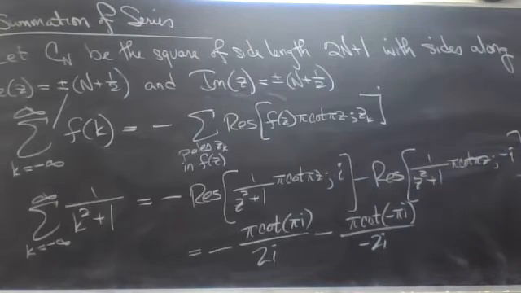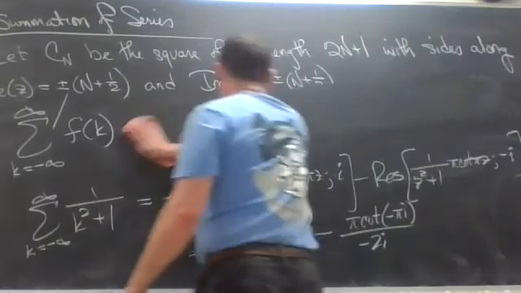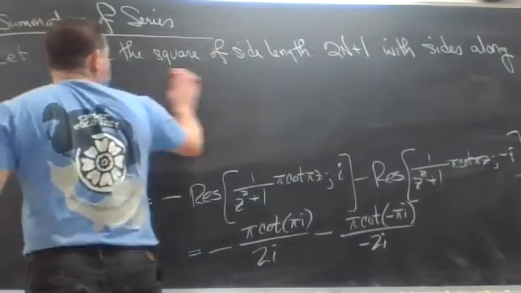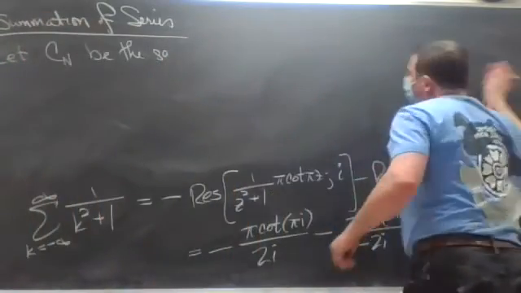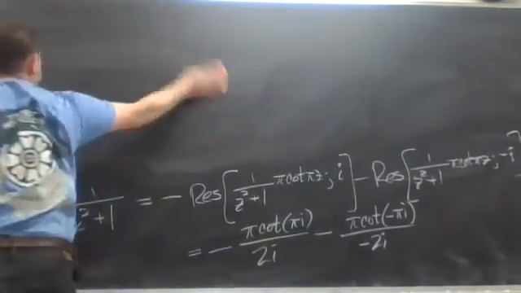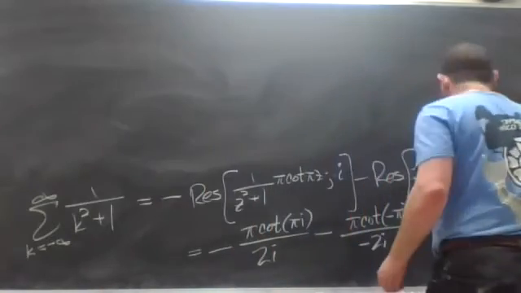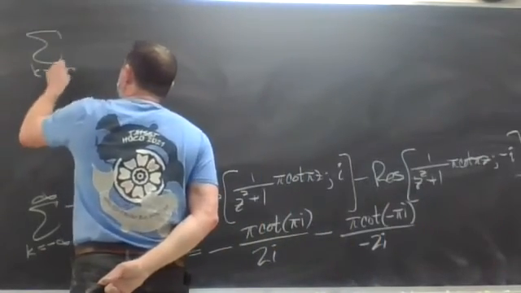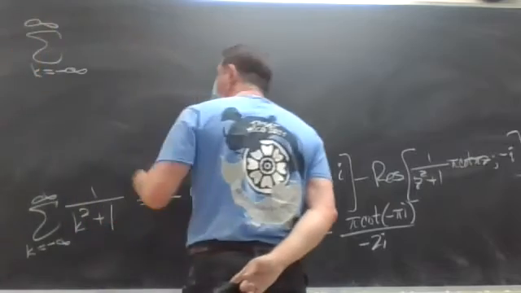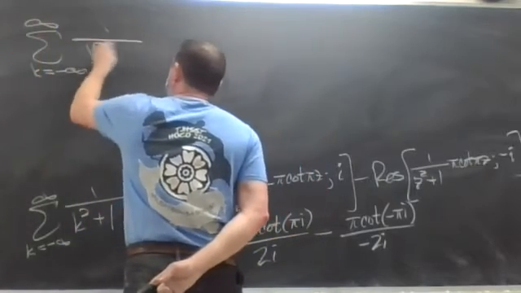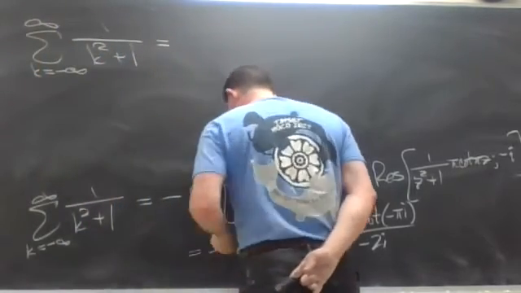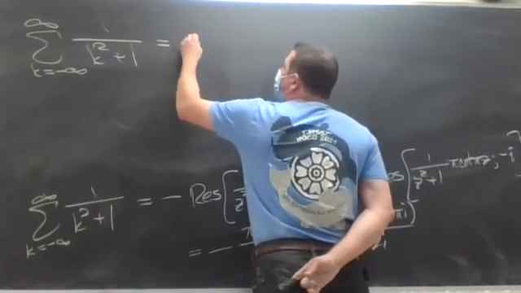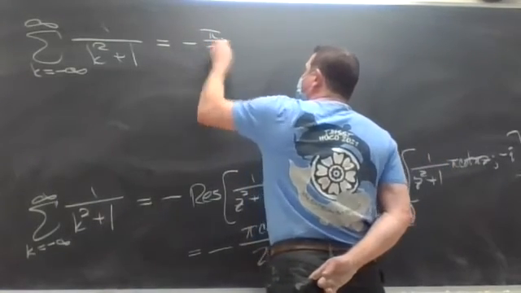All right? Get rid of all this. And we'll have the sum from negative infinity to infinity, 1 over k squared plus 1 equals minus pi over 2i.